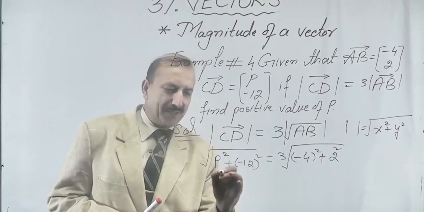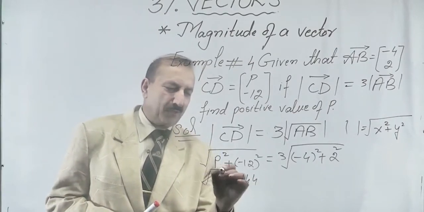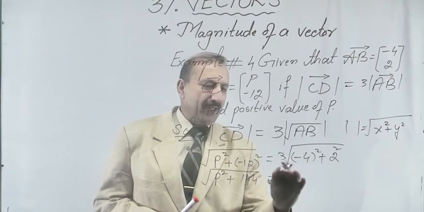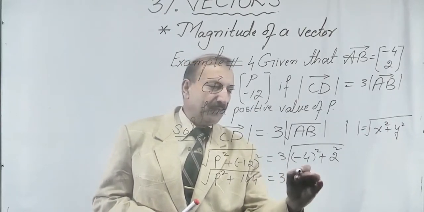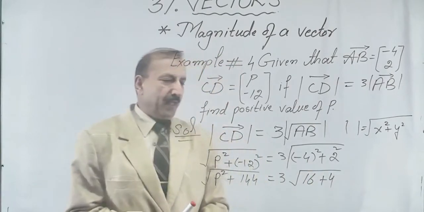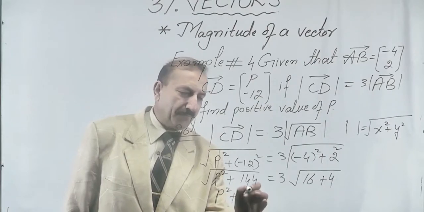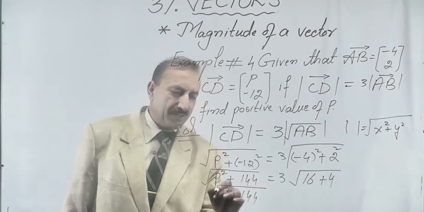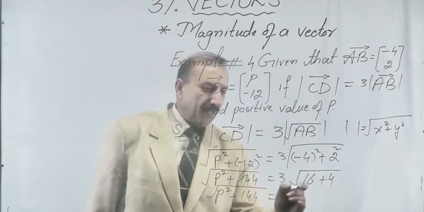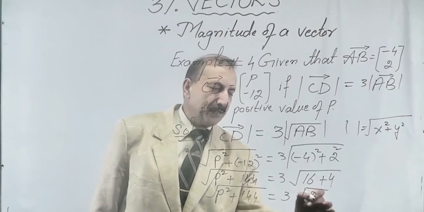This is the square root of P square plus 144 here, and here 3, and this will be 16 plus 4, and this will become 3 under the square root. Here is 20.